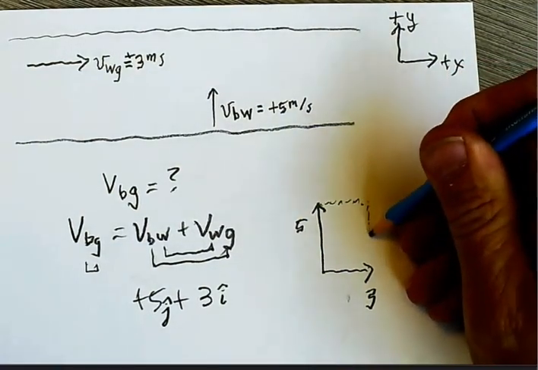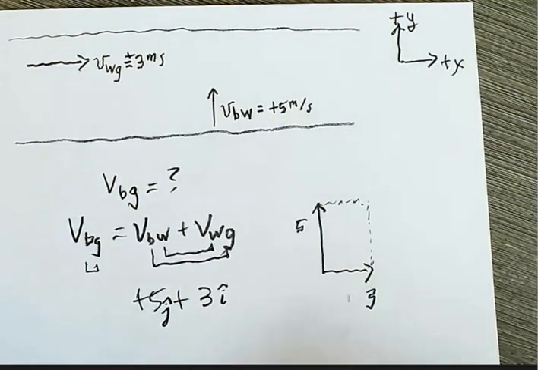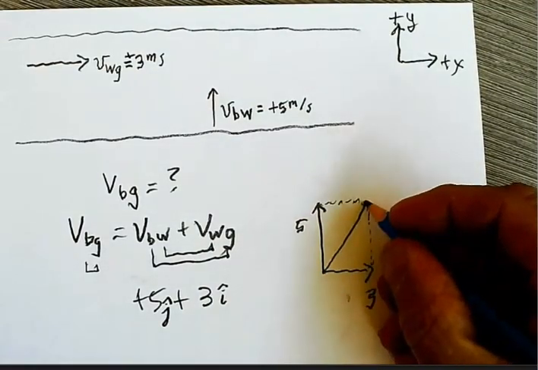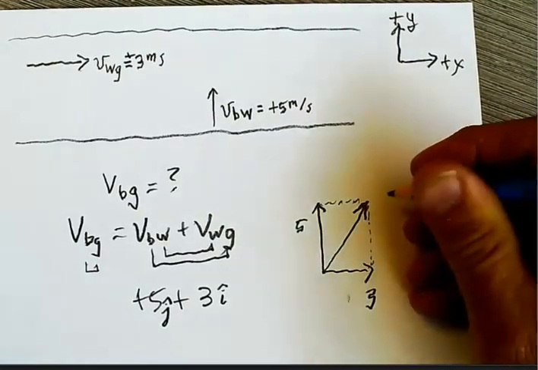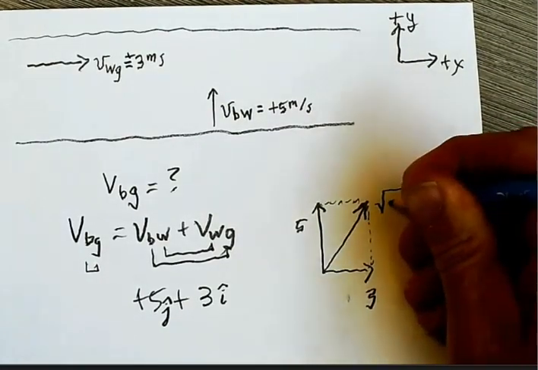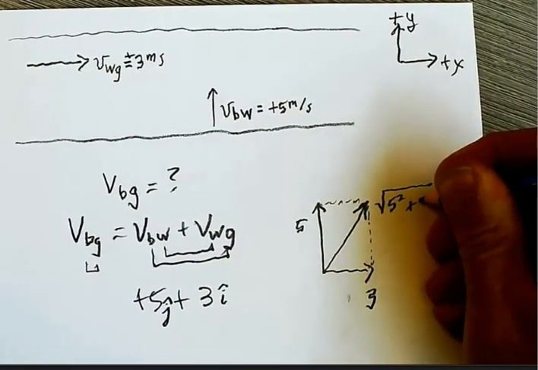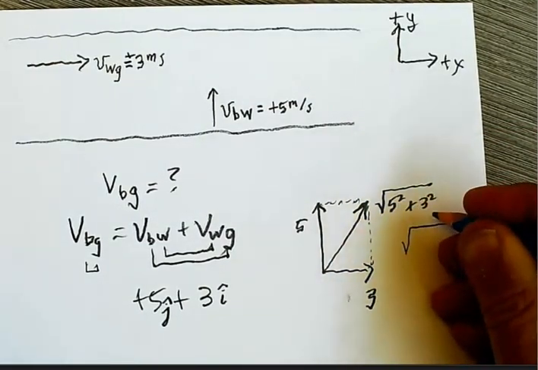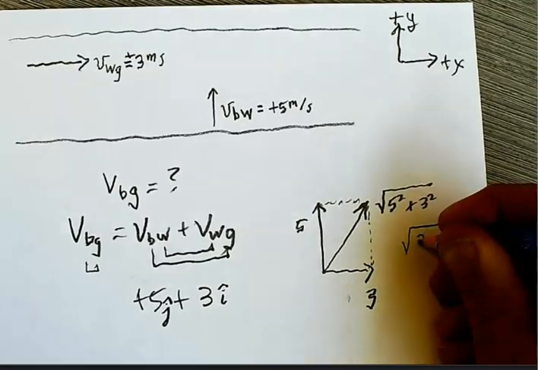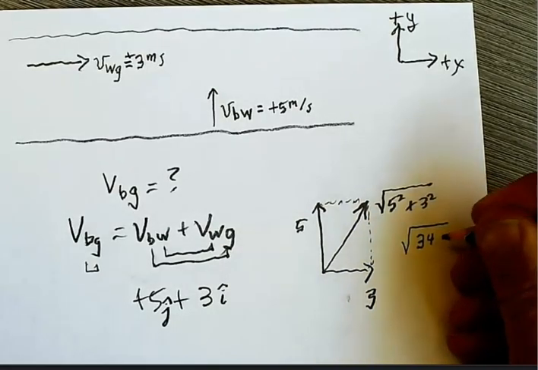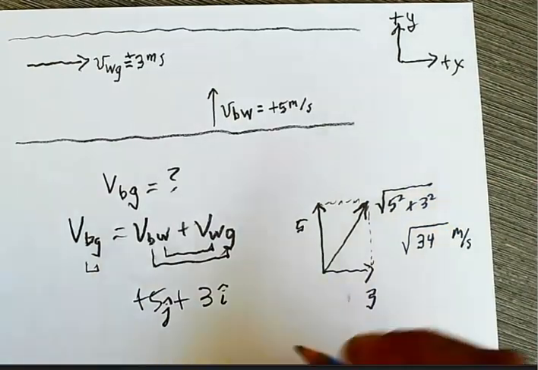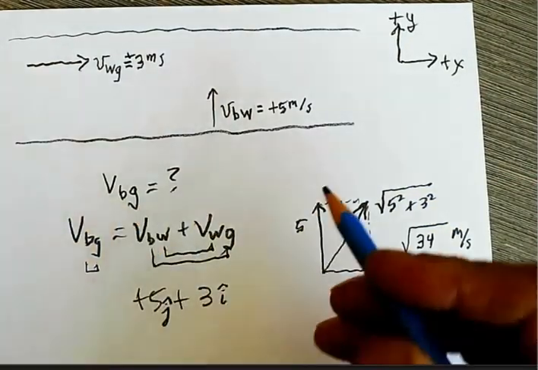Create a parallelogram. In this case, that's a rectangle, and the sum of those 2 vectors is the diagonal of that. So that's the square root of 5 squared plus 3 squared. So that's the square root of 25 plus 9, square root of 34, and you would get your calculator, and that would be the speed of the boat with respect to the ground.